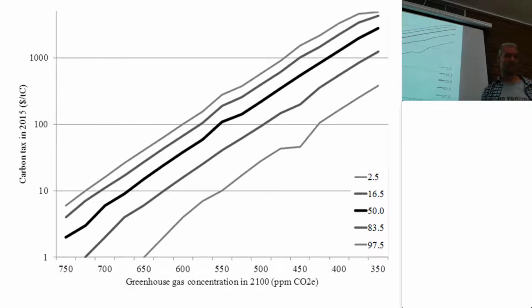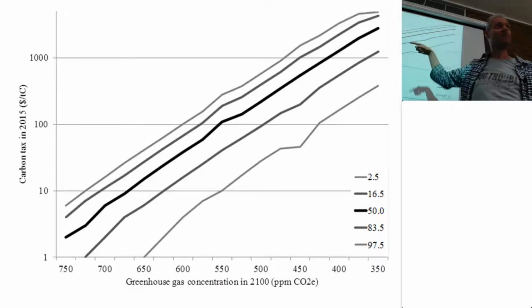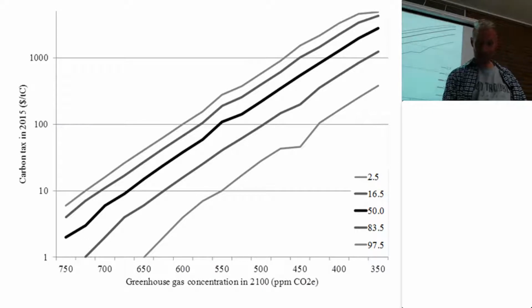That is how to read this particular graph. So you can sort of see this as a supply curve, essentially. If this is the carbon tax you impose, this is the concentration you get. Or if this is the concentration you want, this is the carbon tax you need to impose, right? And this is the exact same information that we saw in that table. It's just now in a graph.